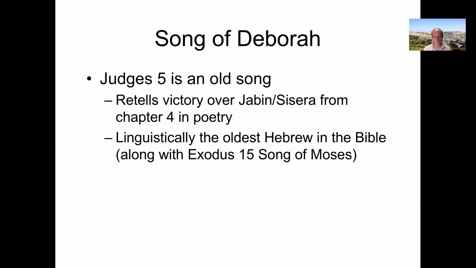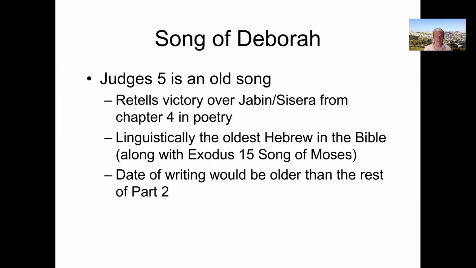When you're updating prose, I believe, as I discussed in the video on the work of the scribes, that the earlier scribes, the ones that worked in the first temple period, did some work to update the language as they went along. But when you come to a song, you cannot change the song without messing it up. And so even though the language is a little archaic, it's left in there. And so the language in Judges 5 is very, very old.